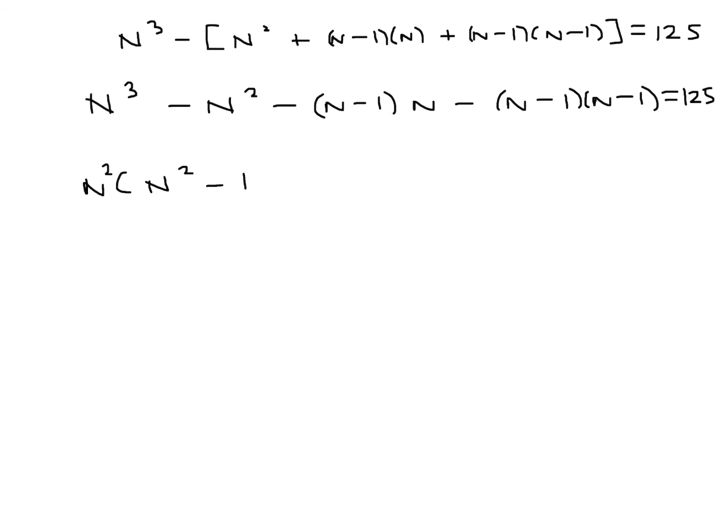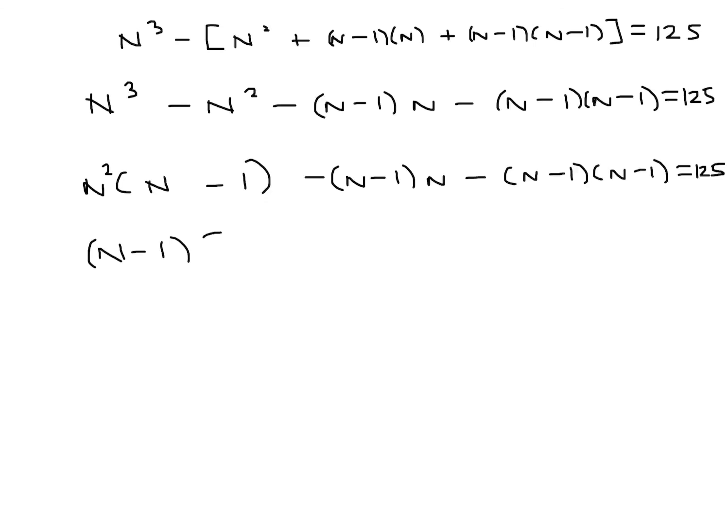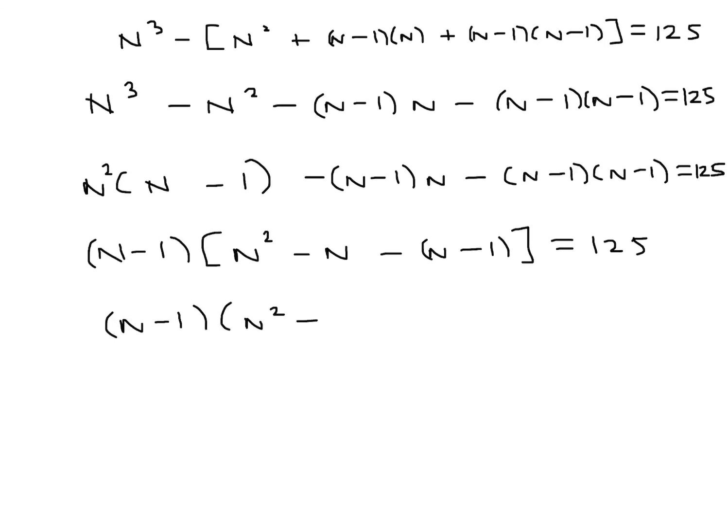If you factor out an n to the power of 2, it would give you n minus 1. If you factor out the n minus 1 from everything, you're going to get n squared minus n minus n minus 1 like that. And therefore this becomes n minus 1 times n squared minus n, so minus 2n plus 1.